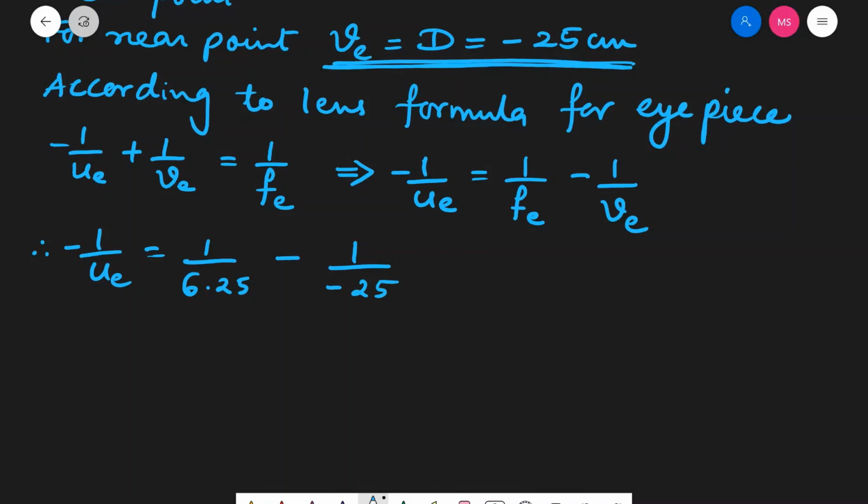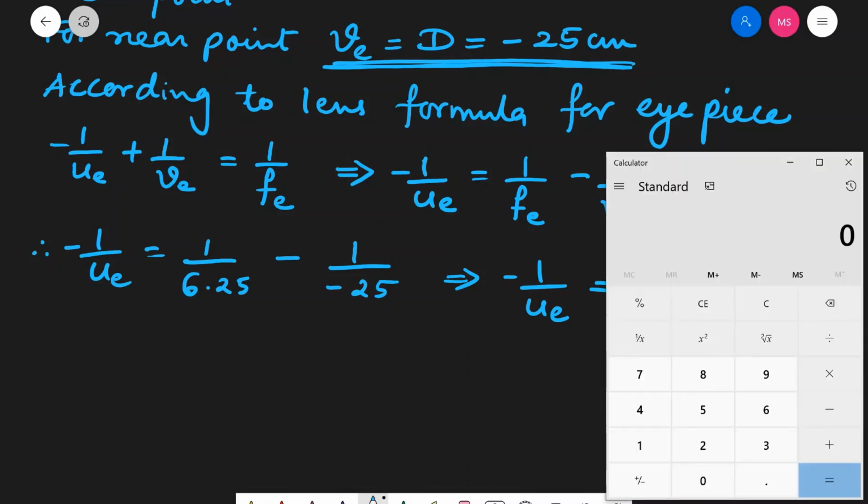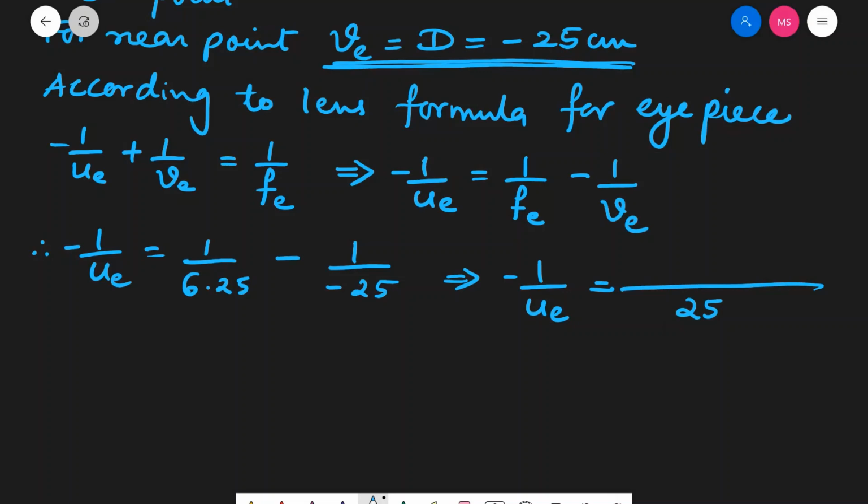So minus 1 by UE will be equal to, if we take the LCM over here, the LCM will be 25. 25 divided by 6.25 gives 4, so here we will have 4 plus 1.